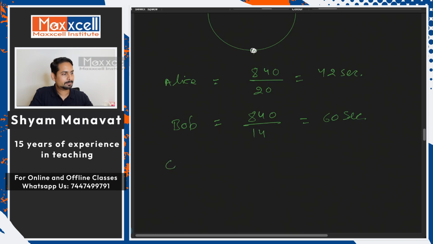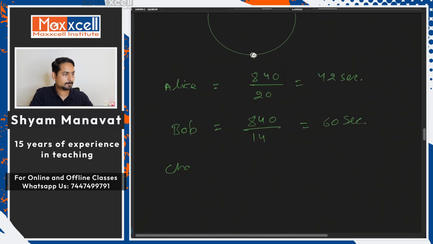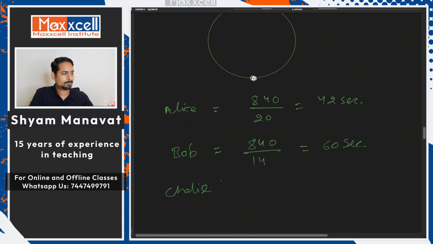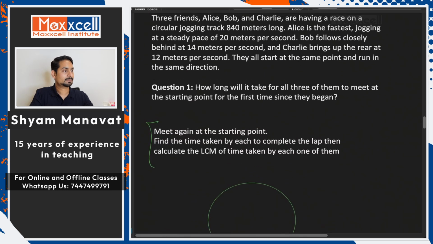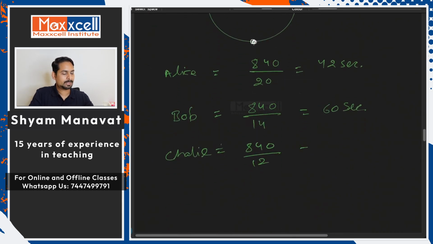And for Charlie, to cover the entire lap of 840 meters with a speed of 12 meters per second, that should be 70 seconds. Okay, you understood?